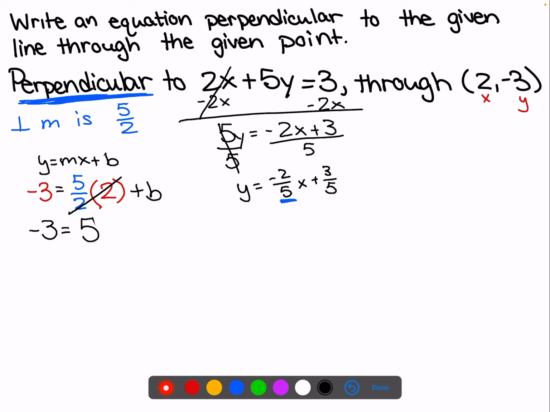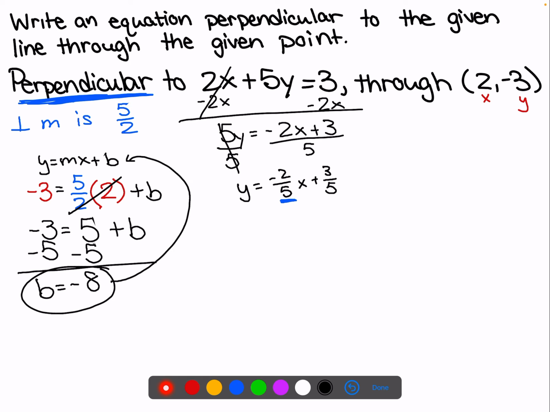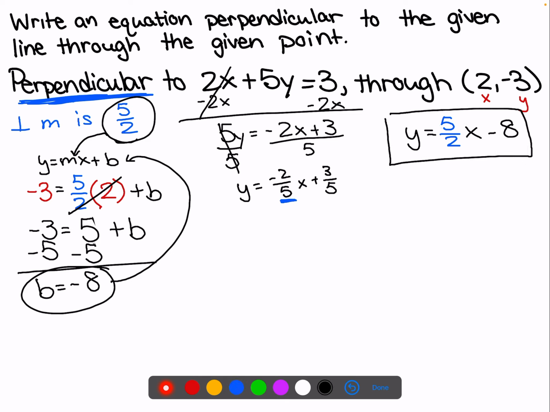So -3 is equal to 5 plus b. From here, I subtract 5 from both sides, and we get b is equal to -8. I plug this back in along with my slope, and we'll have the equation y is equal to 5/2 x minus 8. That is one of our equations.